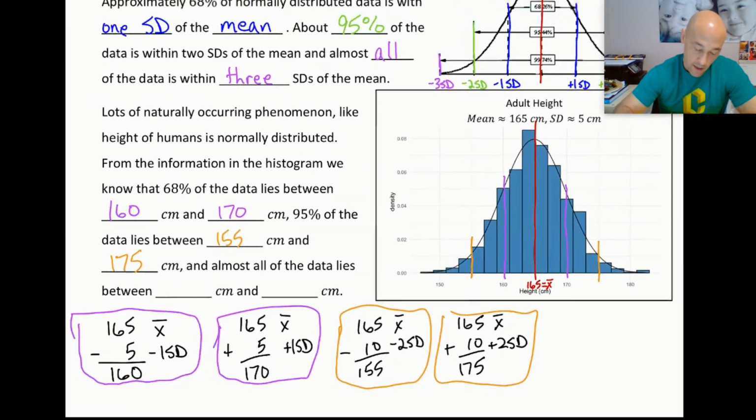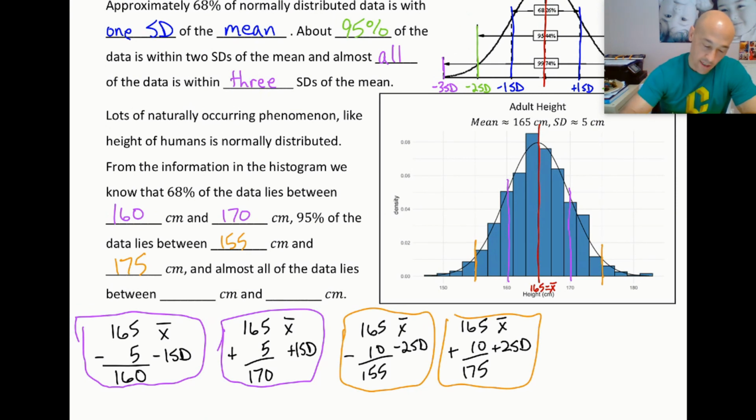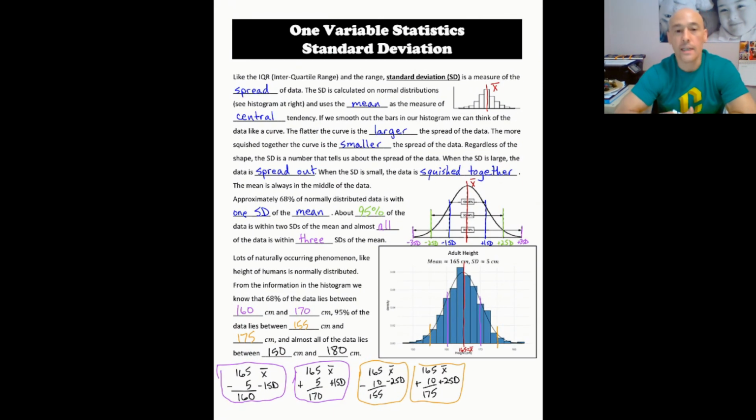And almost all of the data lies within 3 standard deviations of the mean. So notice that we are just subtracting 5 for each standard deviation, which takes us to 150, or adding 5 for each standard deviation, which takes us to 180. And that is the general idea of standard deviation in one variable statistics.